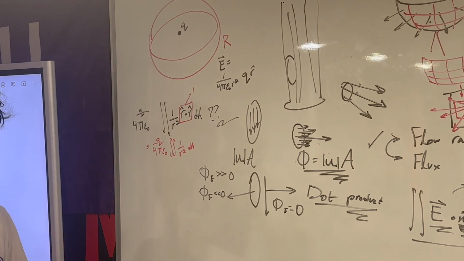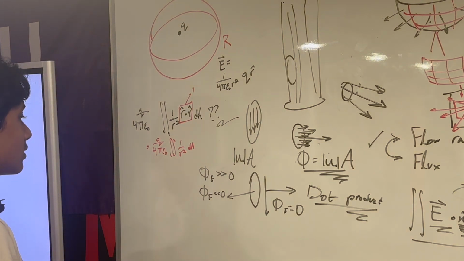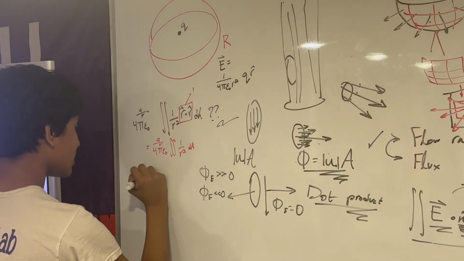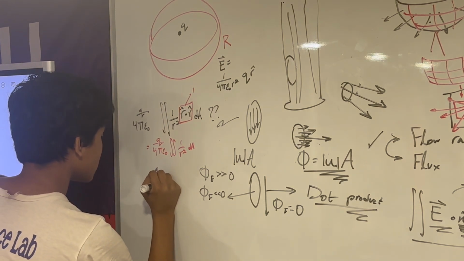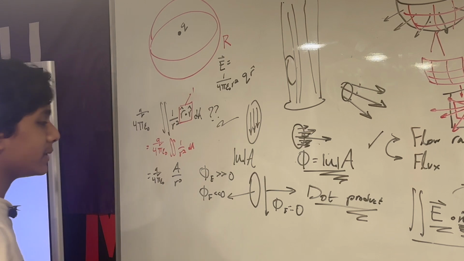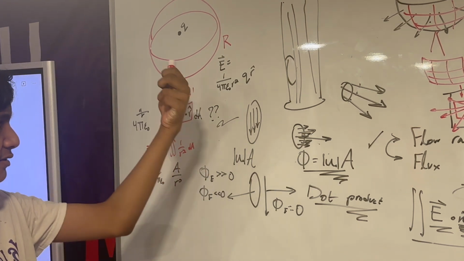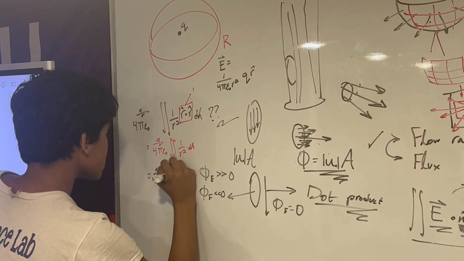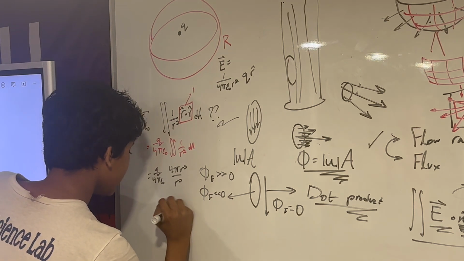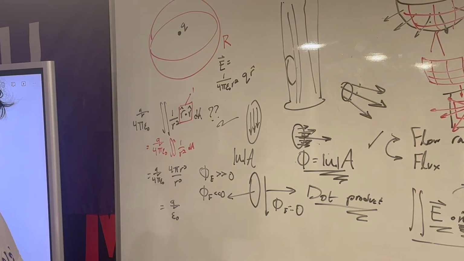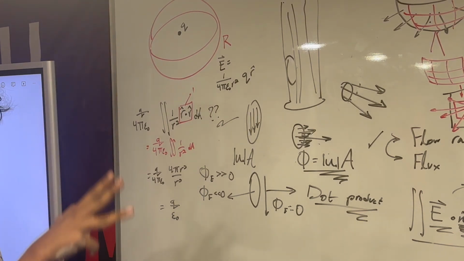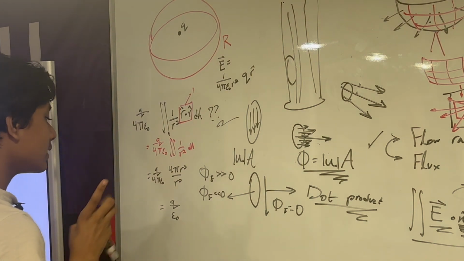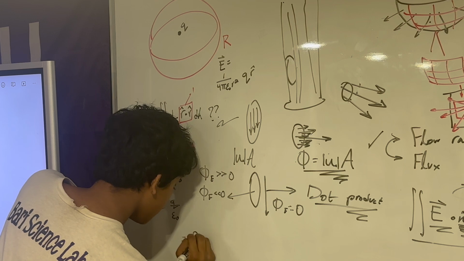Over the entire surface, r squared is a constant, so 1 over r squared is a constant too, which means that this is just A over r squared, A being the surface area. But wait, what's the surface area of a sphere? It's 4 pi r squared, conveniently canceling out all the factors and leaving us with Q over epsilon naught. And you can imagine for the general case of several particles or a solid with charge density rho, this is going to turn into rho over epsilon naught.